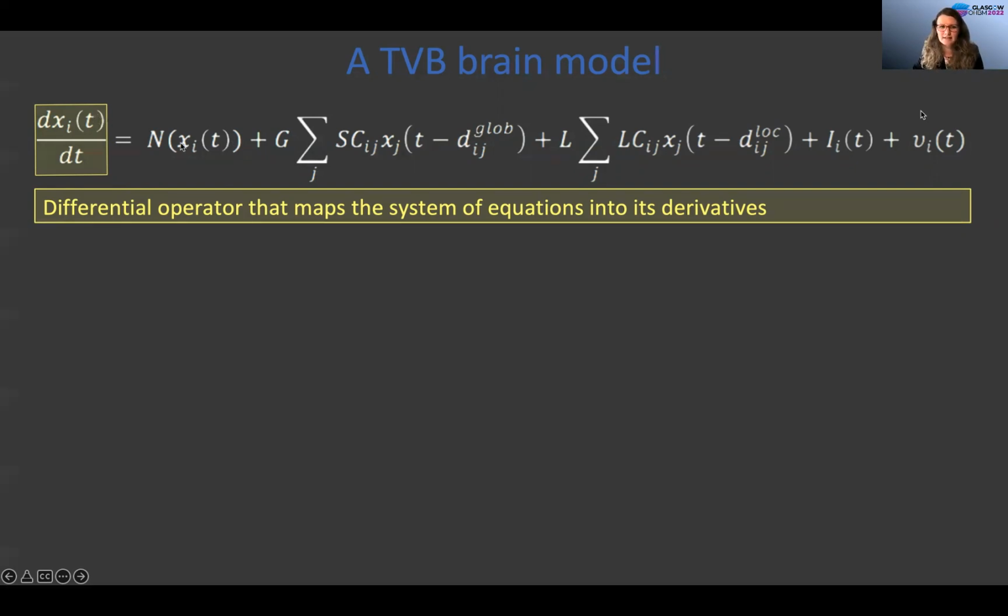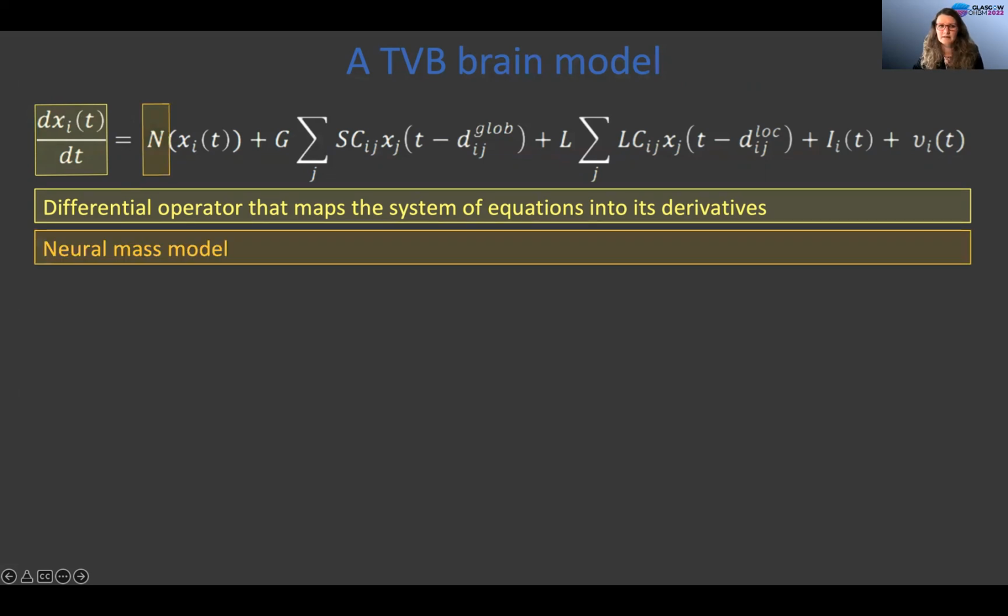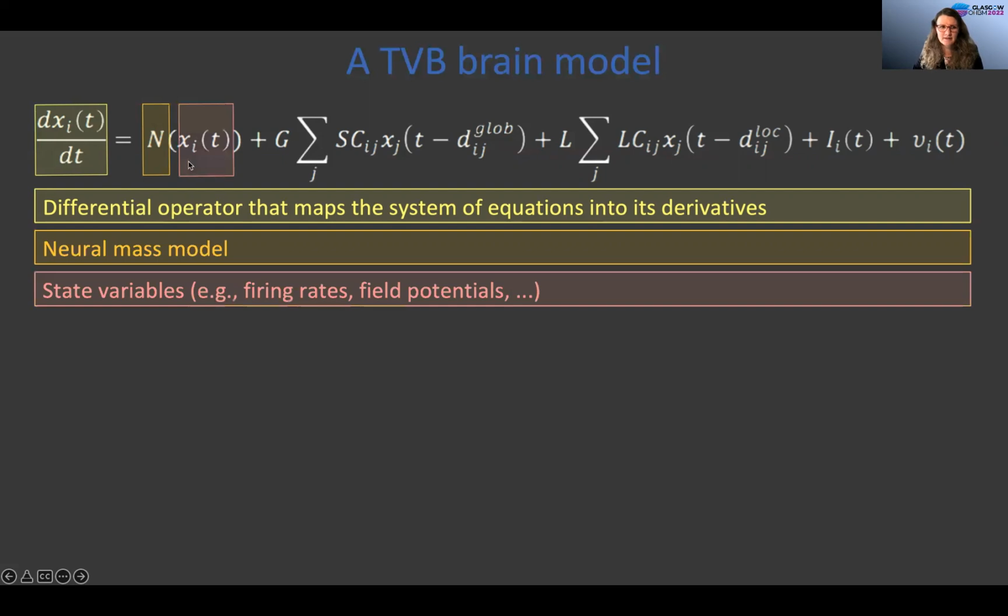So we give in x and we get out of this whole equation the activity of x at the next time point. So what is in there? We don't just give x, but x could be, for example, a membrane potential, a firing rate of a region. So something we can measure right now in the state variable. And then we give it into our neural mass model. And our neural mass model will tell us what happens next.